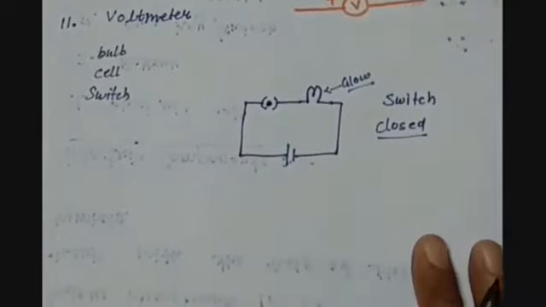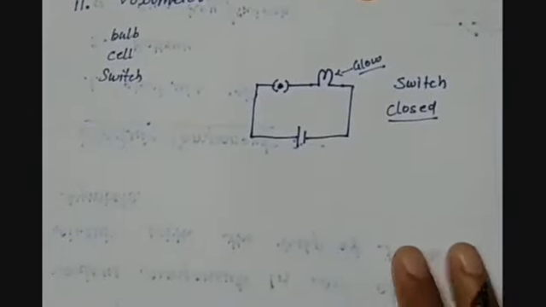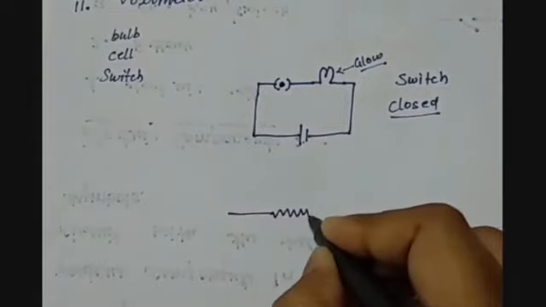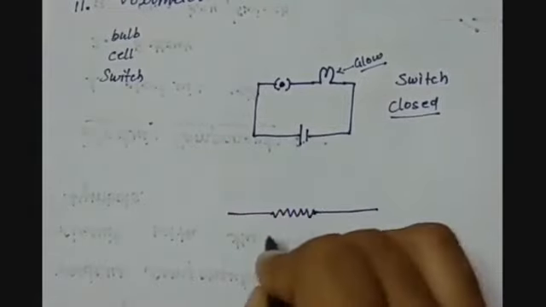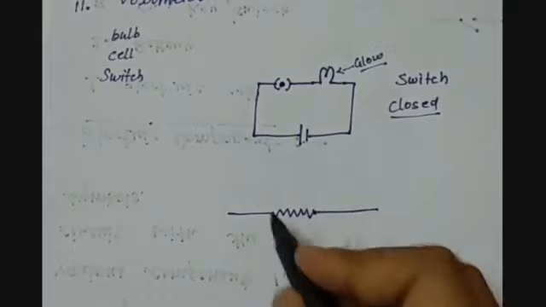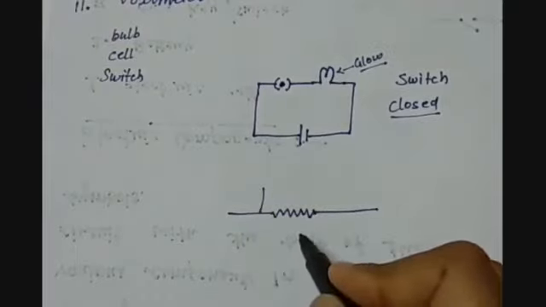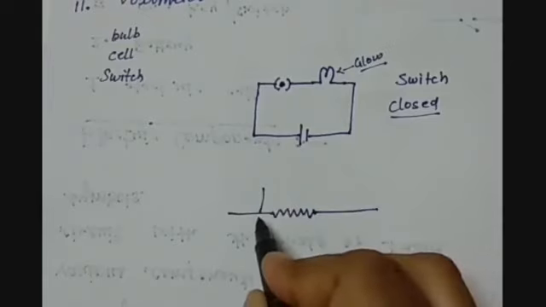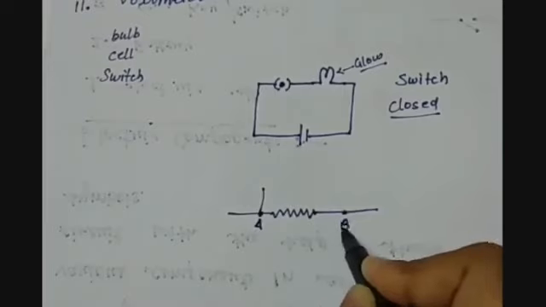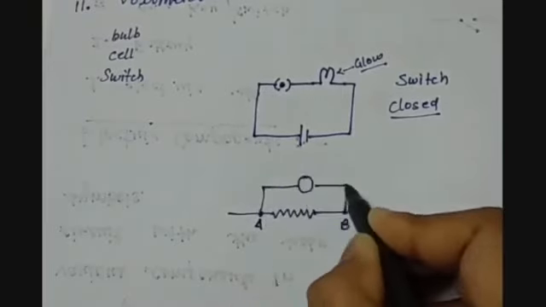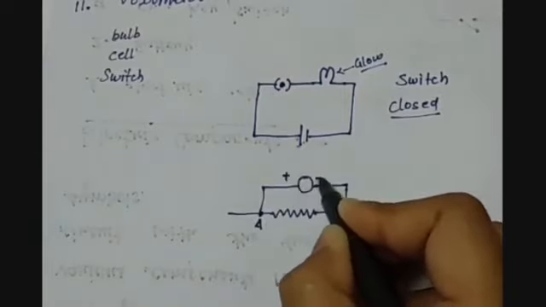We can also try with more complex components, like a resistance or a conducting wire which is having resistance. As we know, we have to calculate the potential difference across the two ends of the conductor A and B. If we have to measure the potential difference, we will use a voltmeter.